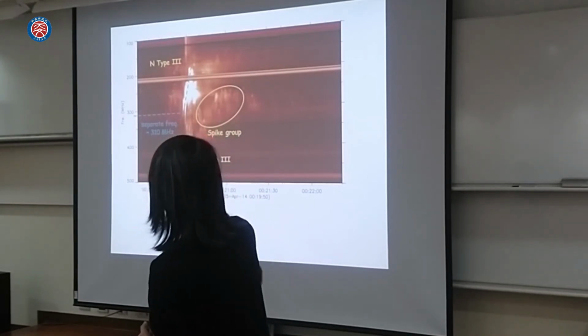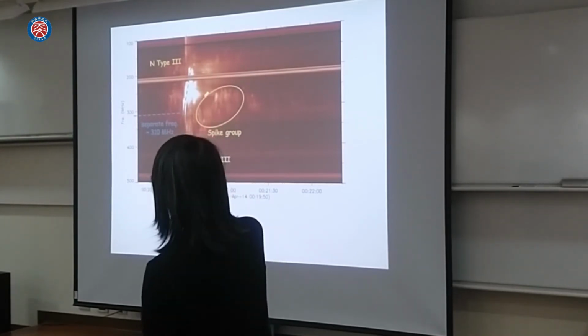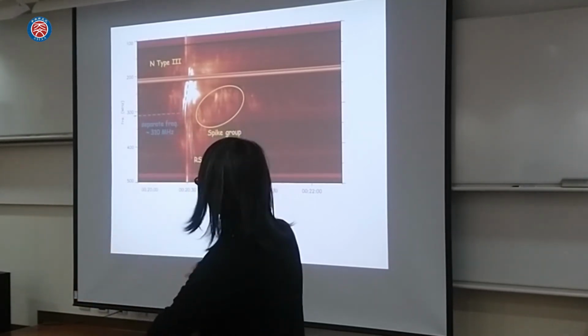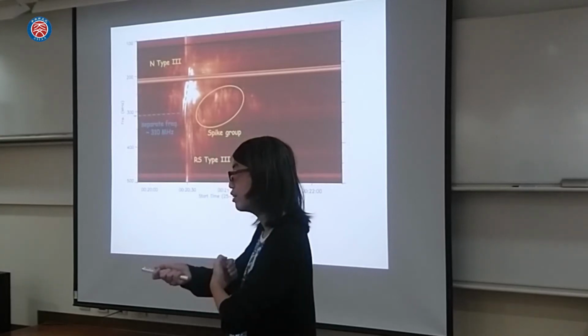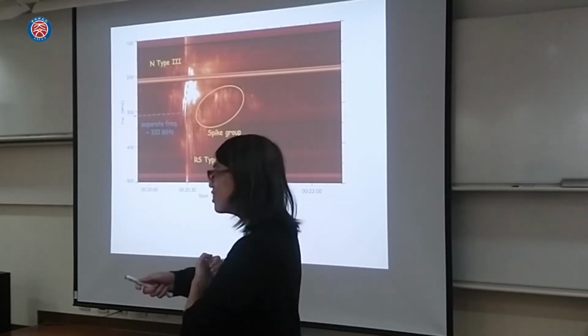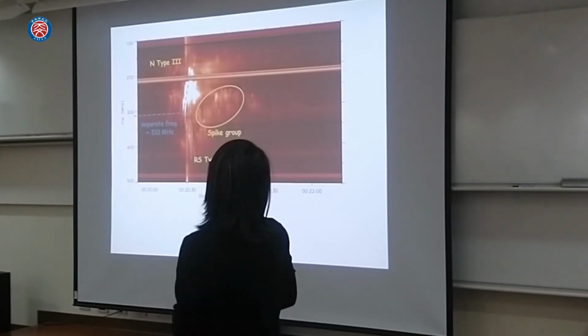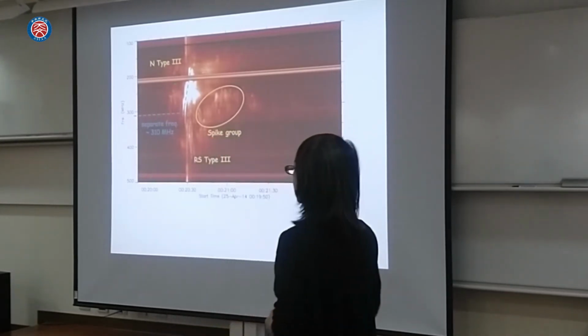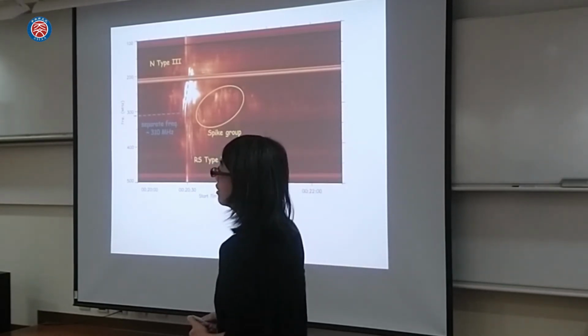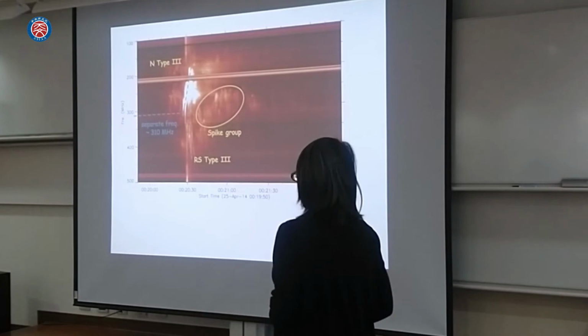So the starting frequency, where one drifts upward and the other downward, should be near the particle acceleration site. So that's the tapestry. We call it the tapestry pair radio burst.